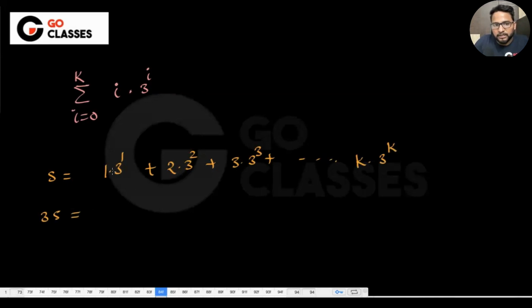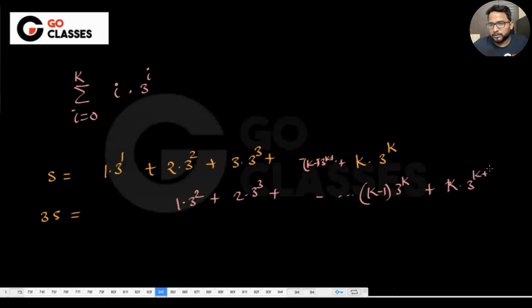So if you multiply by 3, this is 1 into 3 square, 2 into 3 cube, and this is, let's suppose, k minus 1 into 3 power k. And ultimately it will be k into 3 power k plus 1.